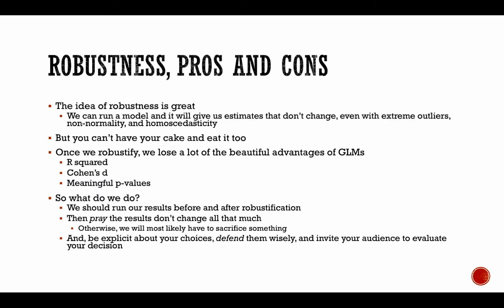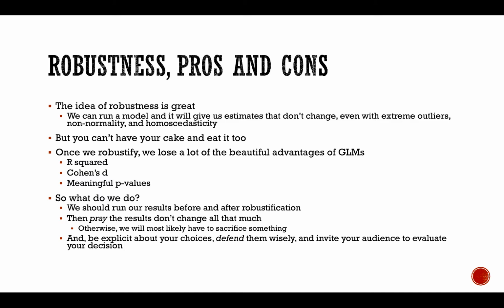Once we robustify things, we lose many of the beautiful advantages of GLMs. Now notice these are not generalized linear models, these are general linear models. So everything we've done so far has been general linear models: t-test, ANOVA, regression, those sorts of things. Once we robustify, we lose R squared, we can't do Cohen's d, and the p-values may become less meaningful.